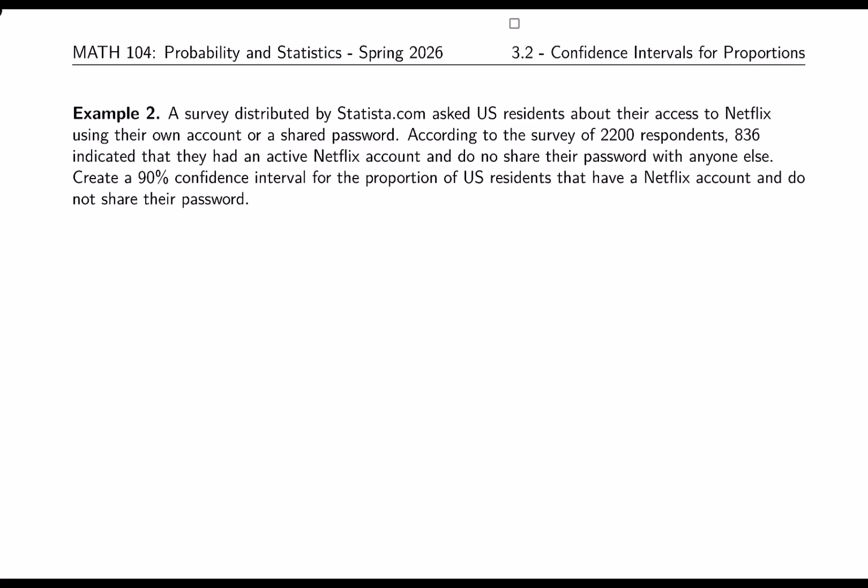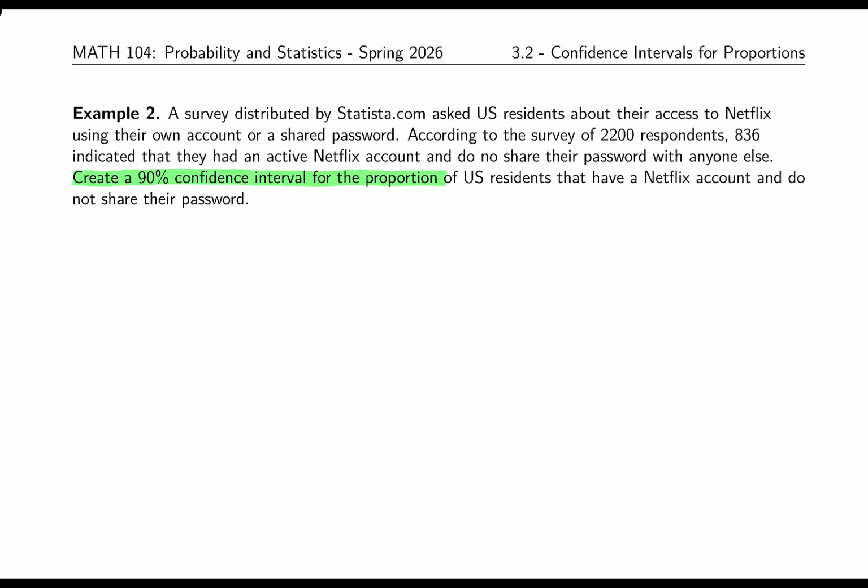All right, so as always, with any problems, look to what you're being asked to do because it often gives you a lot of hints to get you started along the way. So down here toward the end, it's asking you to create a 90% confidence interval for the population proportion. And so it tells you very much exactly what it wants you to do.